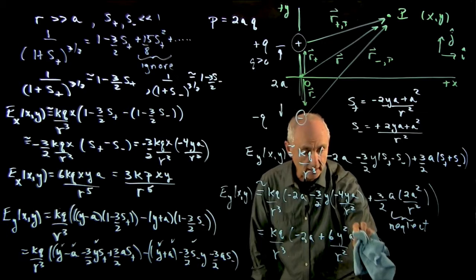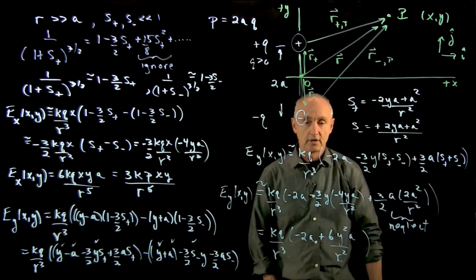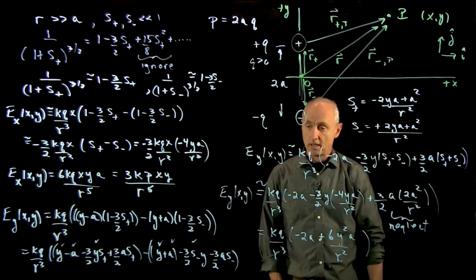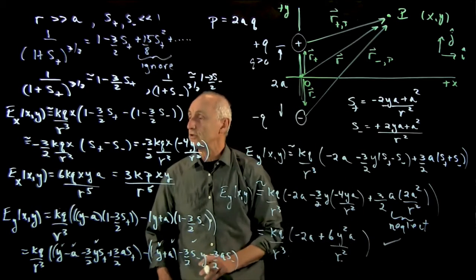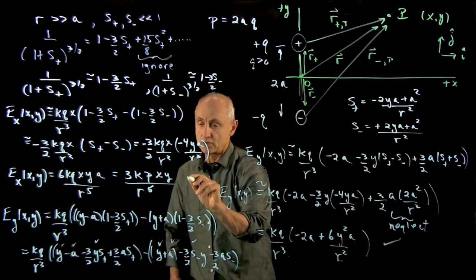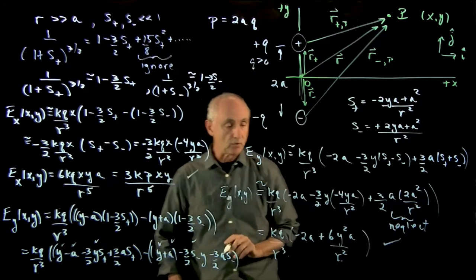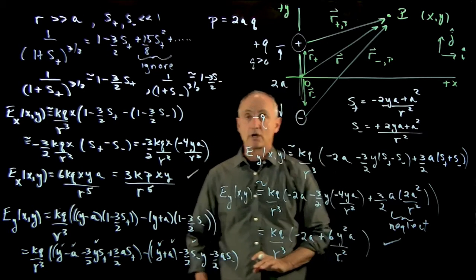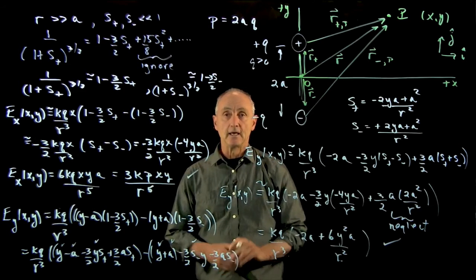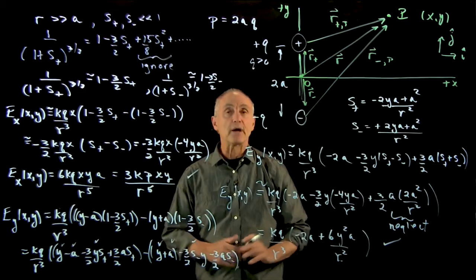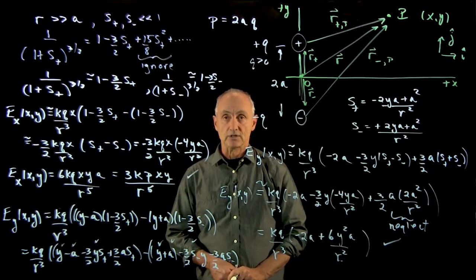And notice that I missed my factor. I added an extra a there. And so there's the result for the electric field. And there is the x component and the y component. These expressions are complicated. And next we'll look at how to think about those in a different coordinate system.